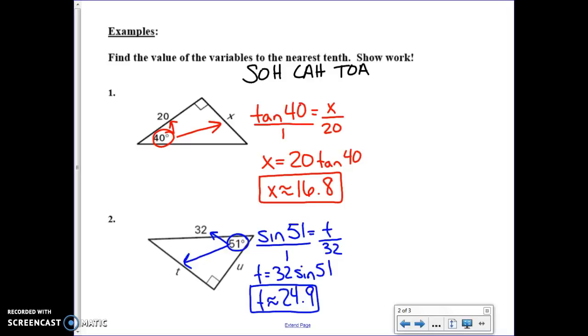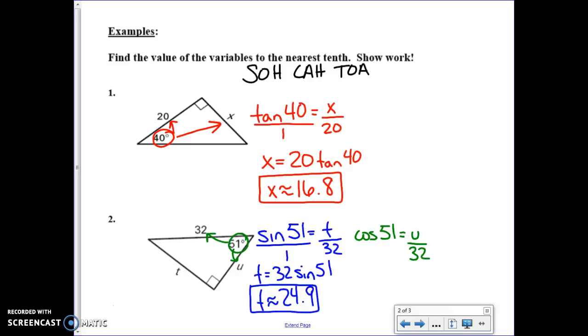Okay, I'm going to erase these arrows. We're still going to use 51 for this next one, but in this case I need to find u, which is adjacent, and I'm still going to use my hypotenuse. So adjacent and hypotenuse are cosine. So I have the cosine of 51 equals adjacent over hypotenuse.